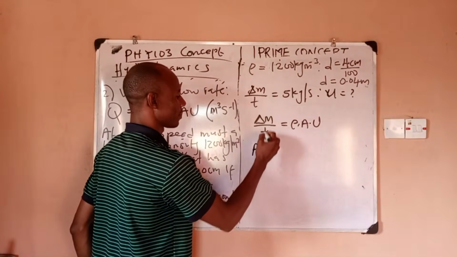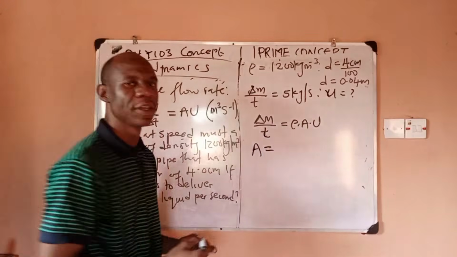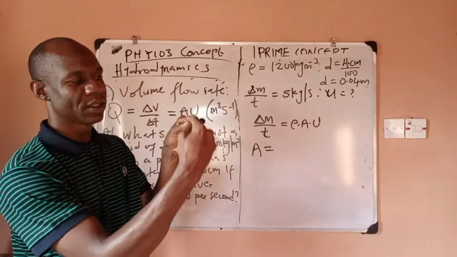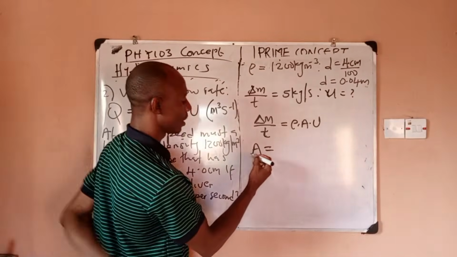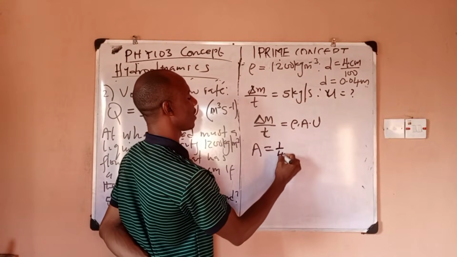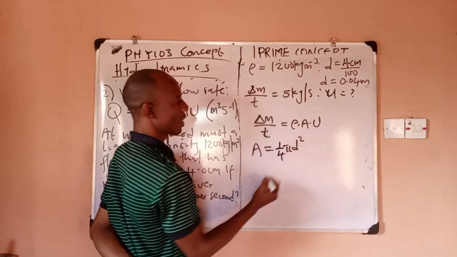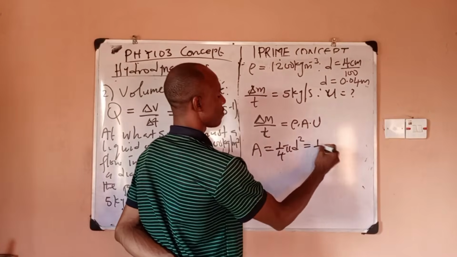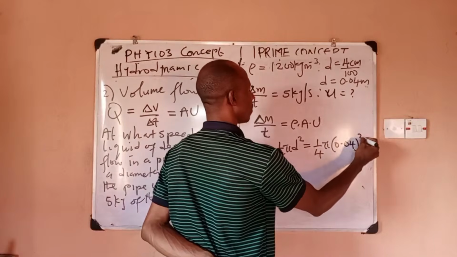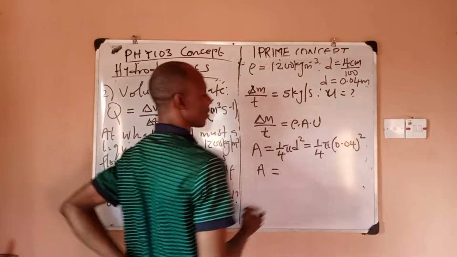The cross-sectional area of a pipe is the area of a circle. This is a cross-section, it's circular. So A is 1 over 4 pi d squared. So I have 1 over 4 pi into 0.04 squared.